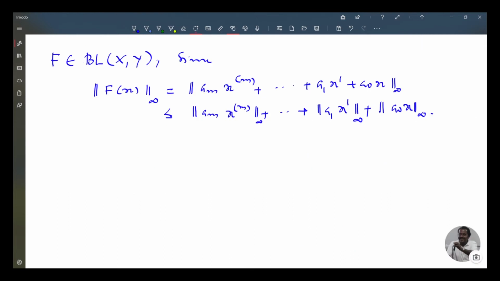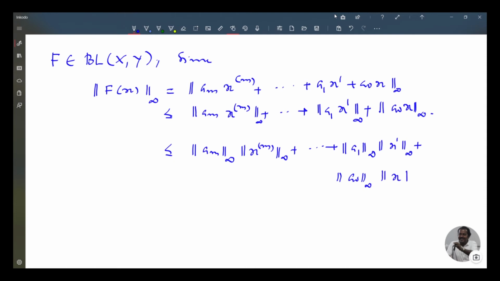So this is less than or equal to sup norm of a_m into sup norm of the mth derivative of x plus etc. plus sup norm of a_1 into sup norm of the first derivative of x plus sup norm of a_0 into sup norm of x.